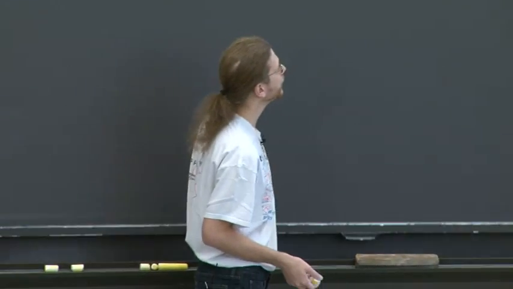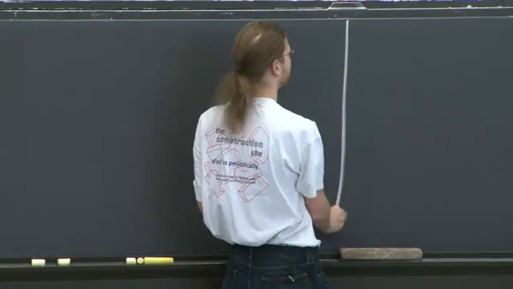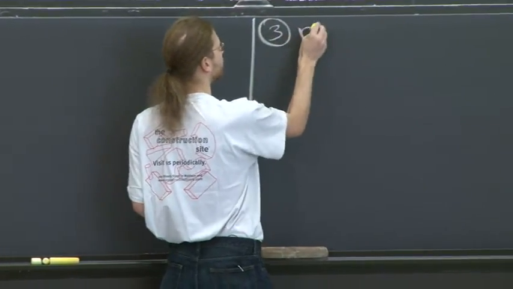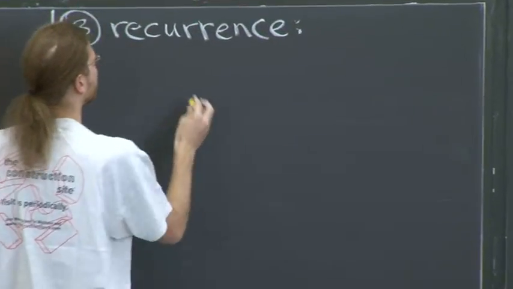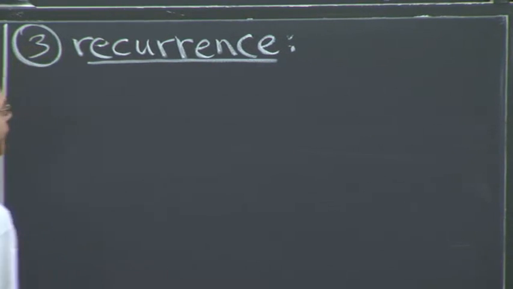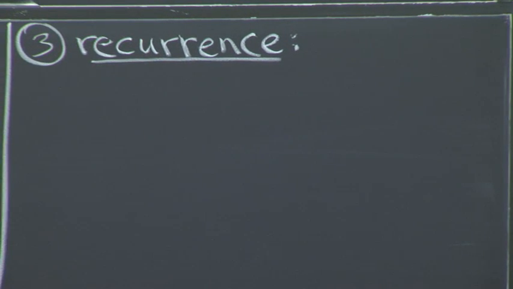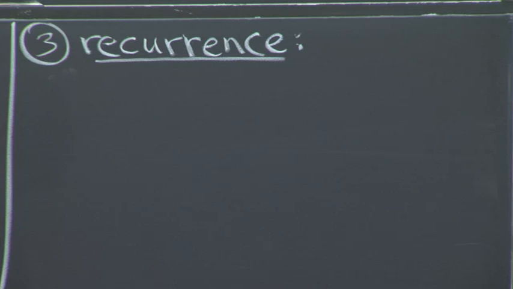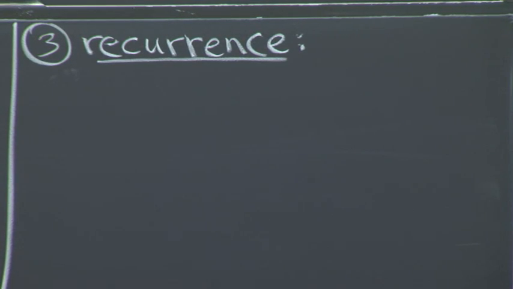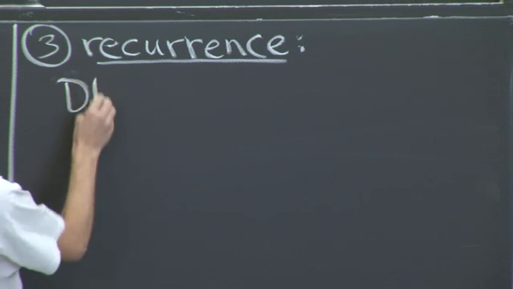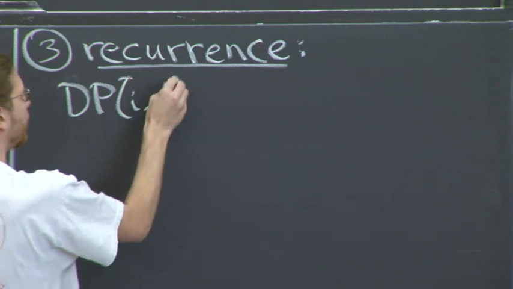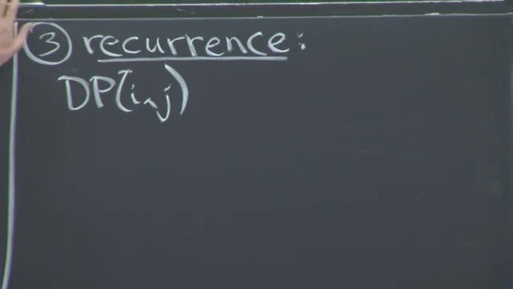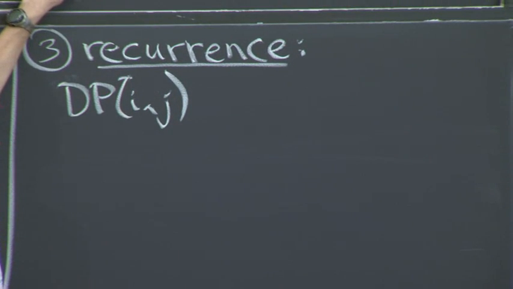OK, so that's the guess. Now we go to step 3, which is the recurrence. We're going to do this over and over again. Hopefully, by the end, it's really obvious how to do this recurrence. Let me just fix my notation. We're going to use dp. For whatever reason, in my notes, I often write dp of ij. This is supposed to be the solution to the subproblem i colon j.